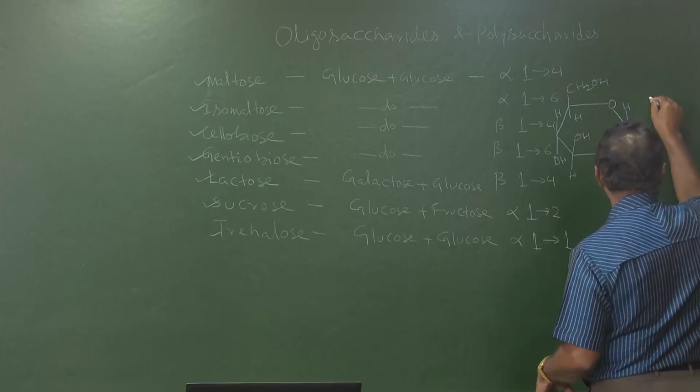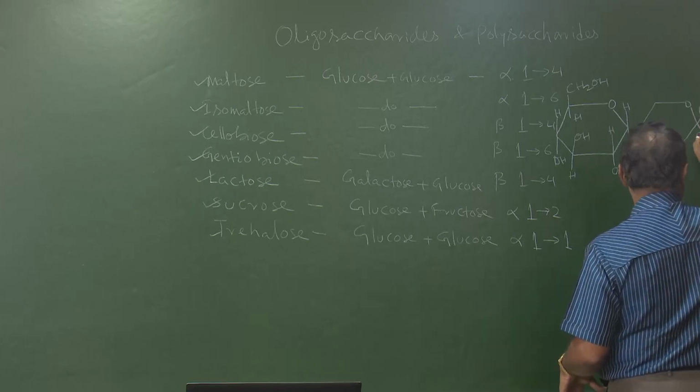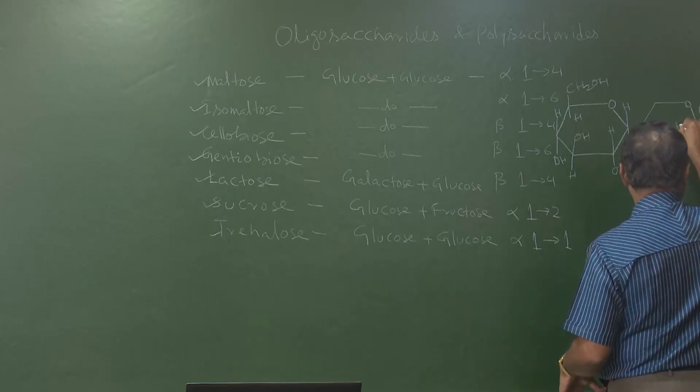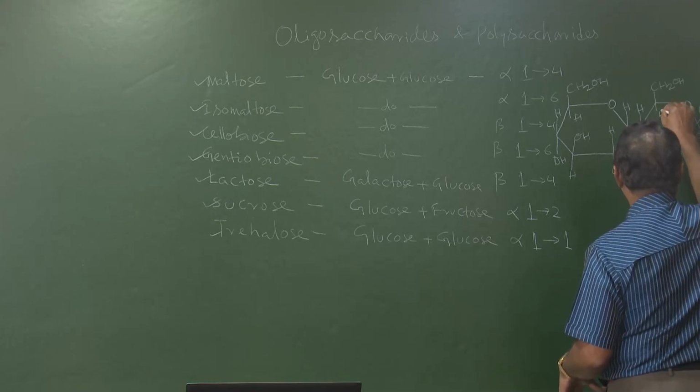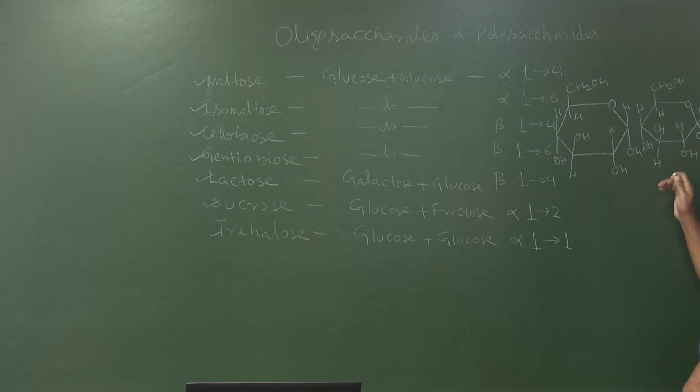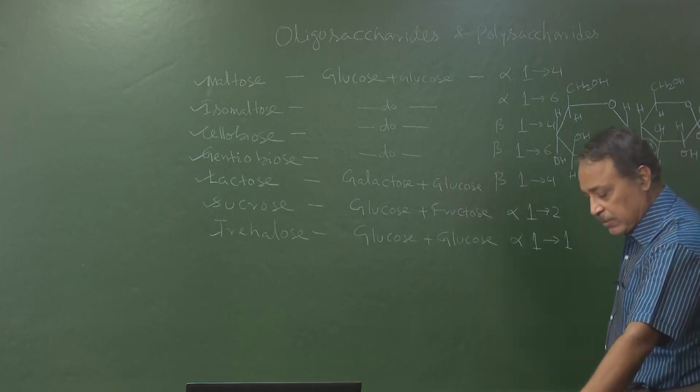I draw one more. This is another alpha D glucopyranose. These 2 alcoholic groups, this OH and OH, will react and produce one glycosidic bond.